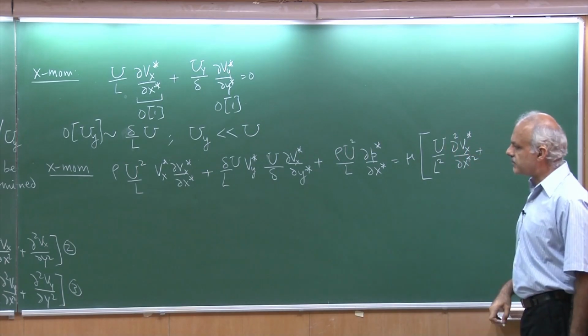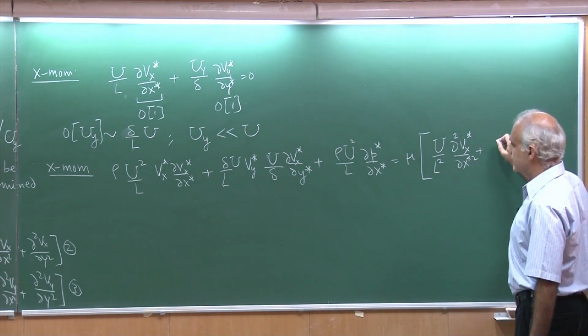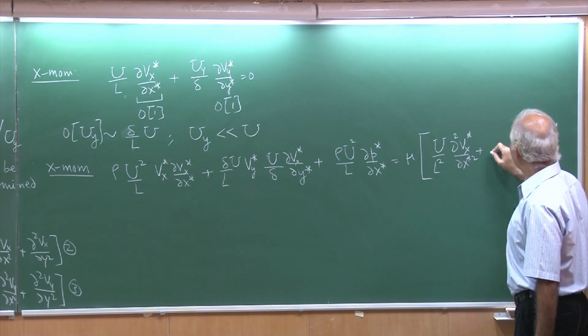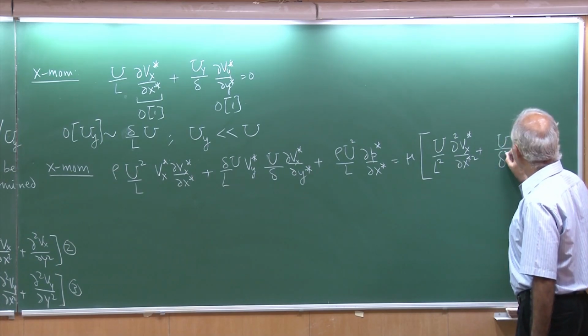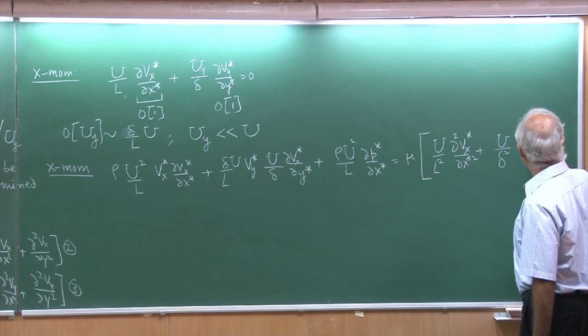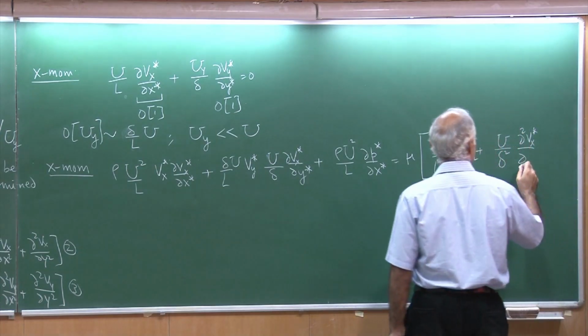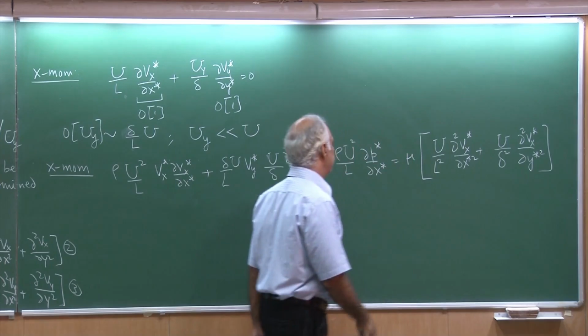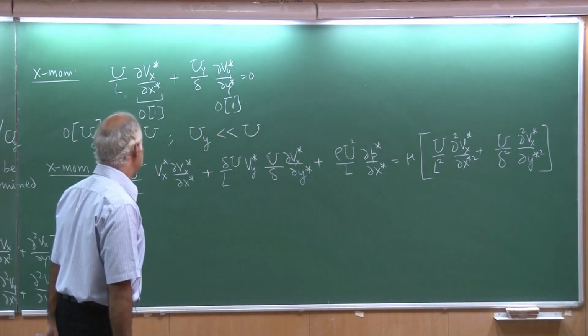Plus the second term would be, now there's a by y square, so that would be u by delta square del square Vx star by del y star square.